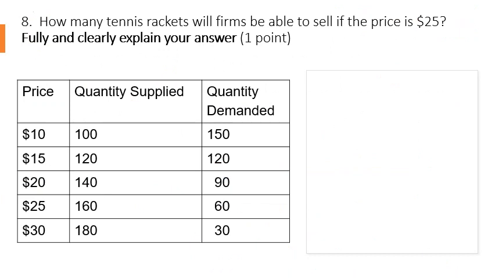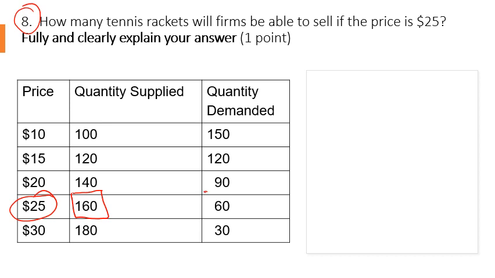Question 8 reads, how many tennis rackets will firms be able to sell if the price is $25? And then you were supposed to fully and clearly explain the answer. So let's see. The price is 25, and firms are going to produce 160.